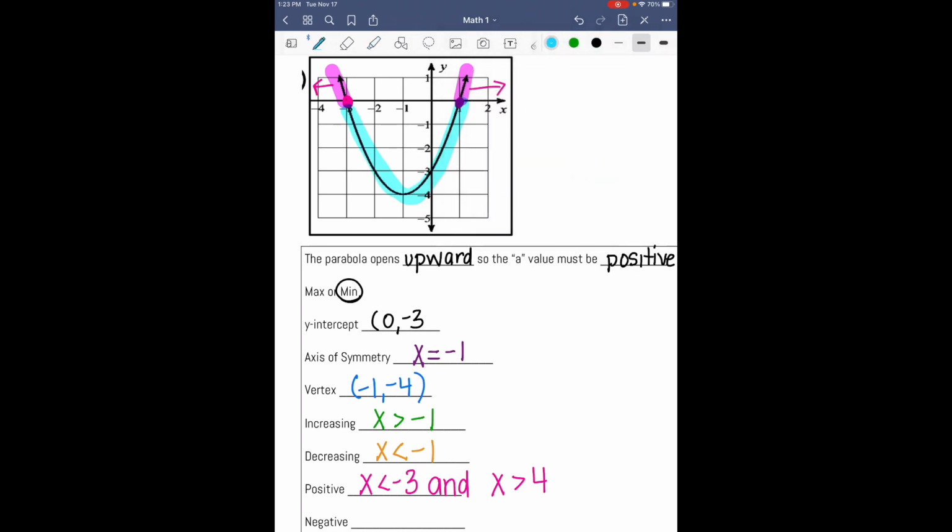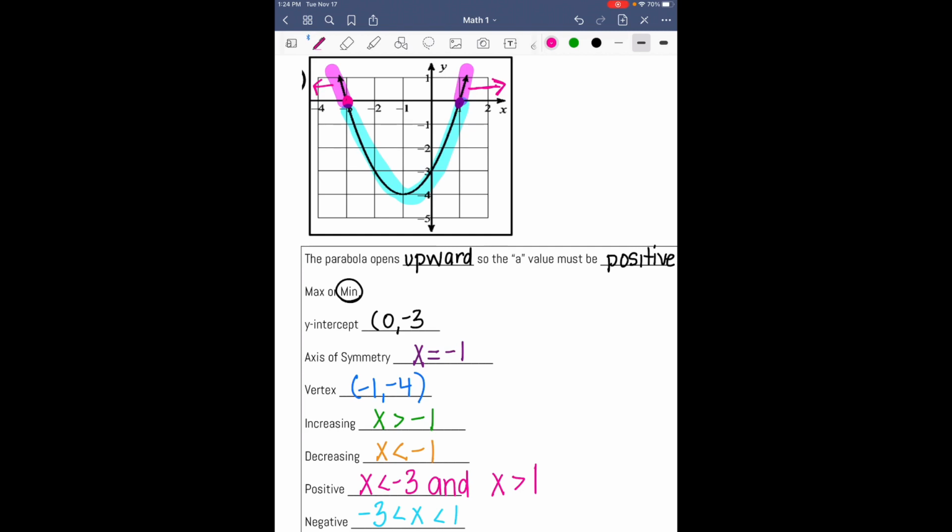It's between -3 and positive... sorry, it's actually between -3 and 1. And let me correct this one over here: x is greater than 1. I don't know where I got 4 from. So when x is greater than 1, this side over here in pink, that is going to be positive. And when it's below the x-axis, it's between -3 and 1.